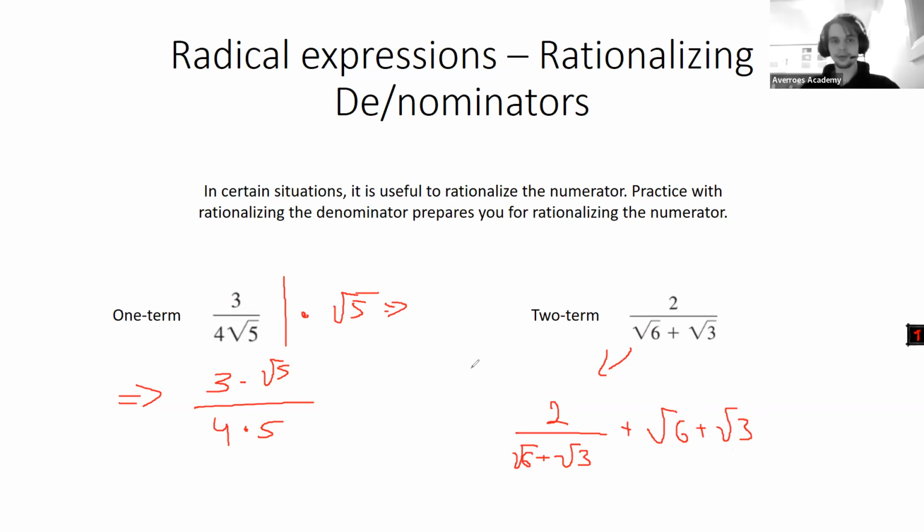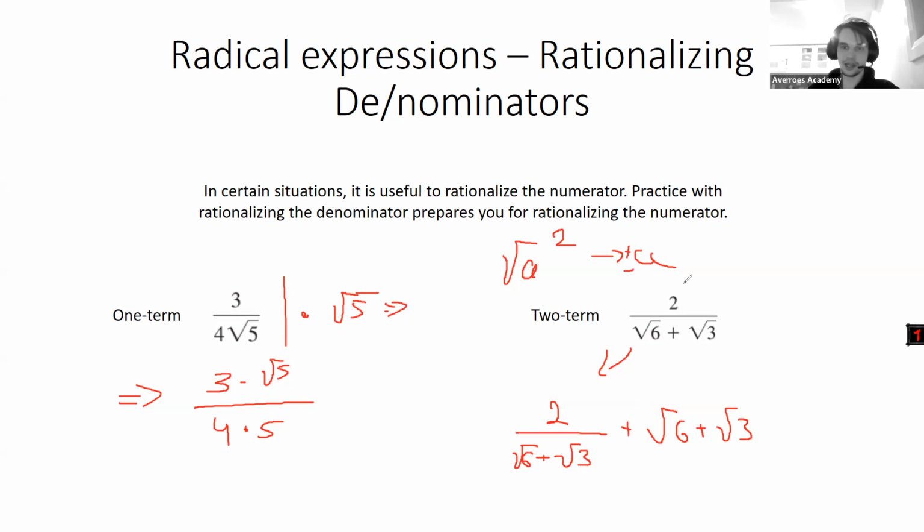So we would refer to the same principle as with the one-term case, when we want to square up the radical. When we're squaring up the radical expression, it automatically converts into an integer, because any square root squared is going to be equal to a.